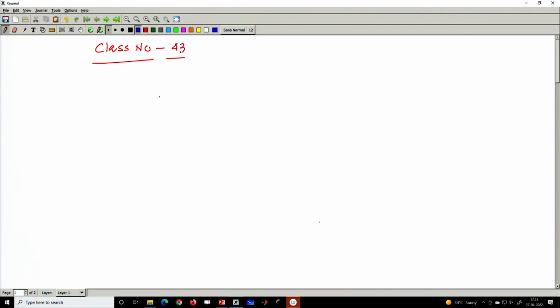So, if I have a chunk like this, which is a dielectric material, and I apply some external electric field E like this, then under this external electric field, tiny dipoles are going to form.